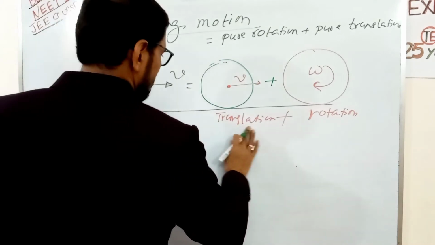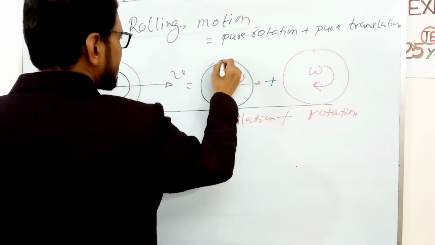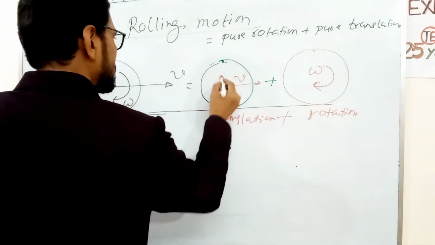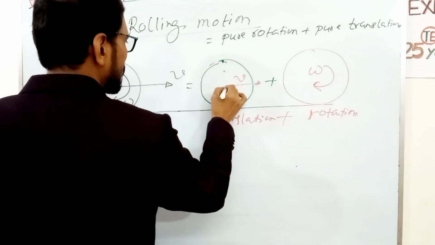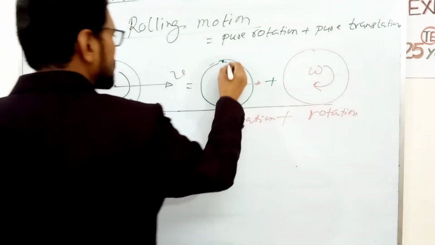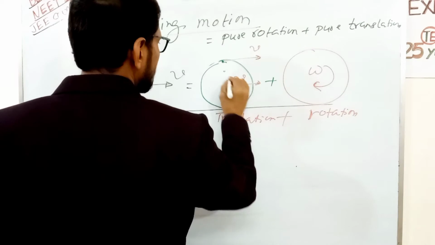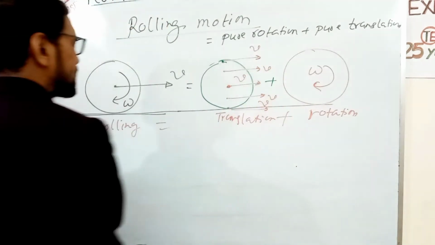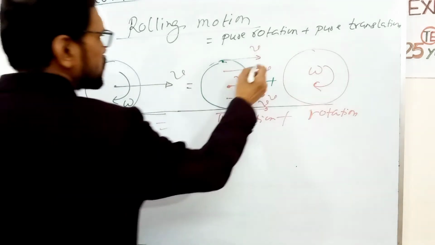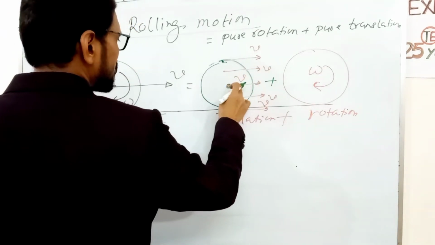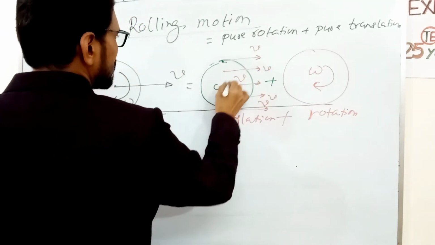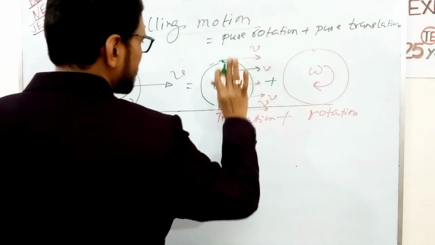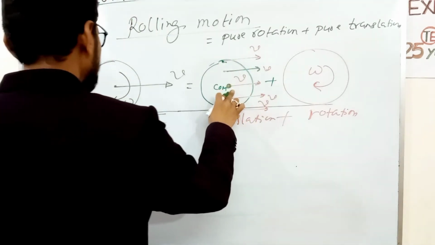In translation motion, every particle of the body moves with the same velocity v, which is the velocity of the center of mass.